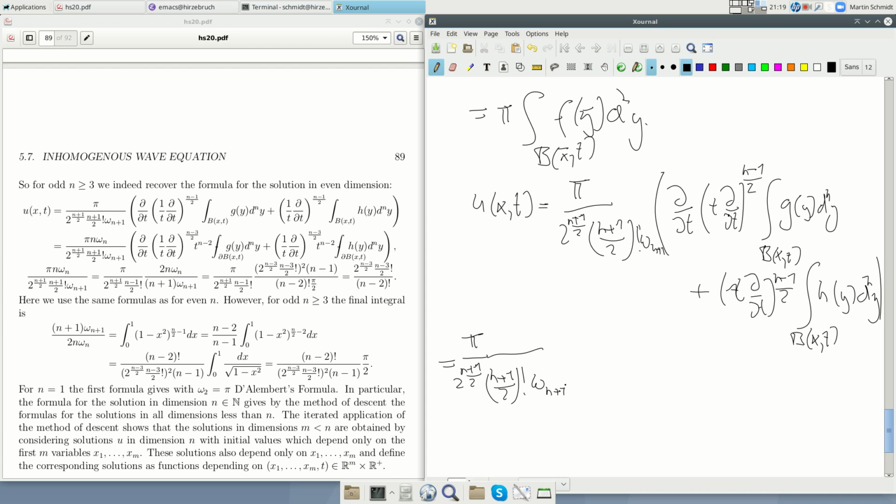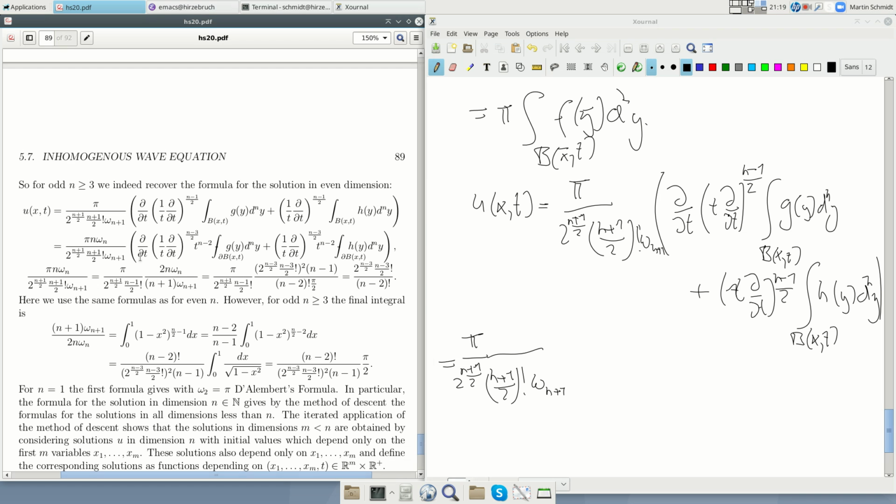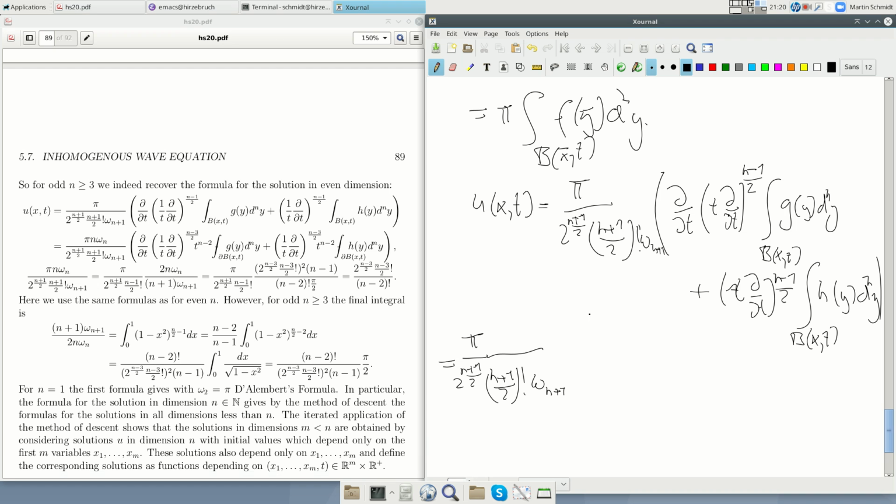And now if we do the calculation, taking the derivative is of course by polar coordinates. We get d by dt, and now we have n minus 3 half.